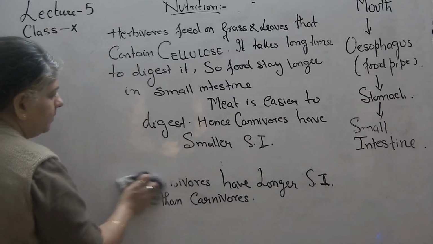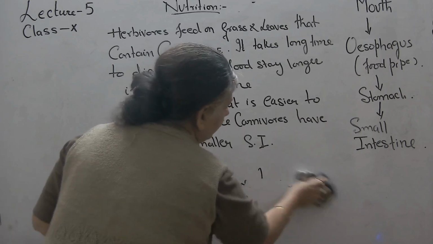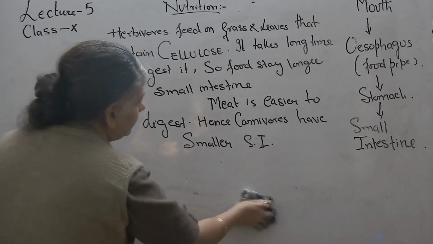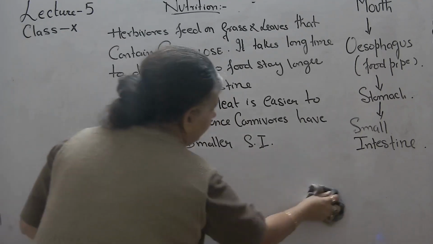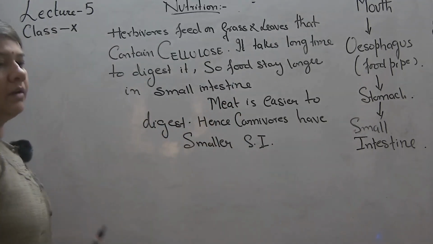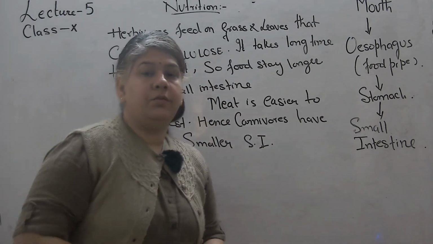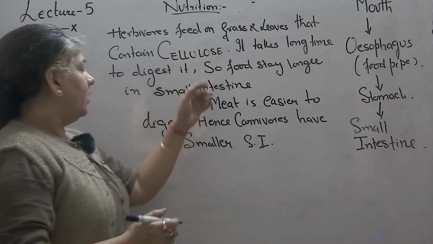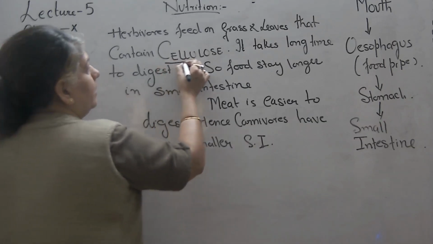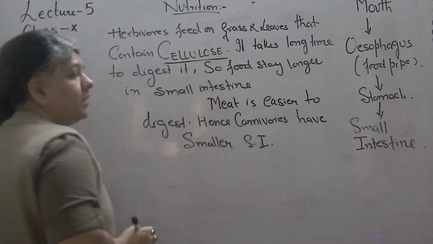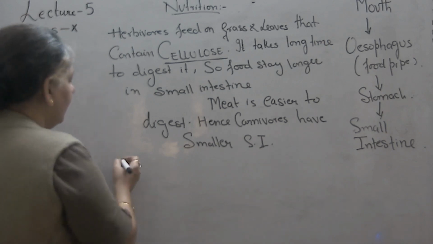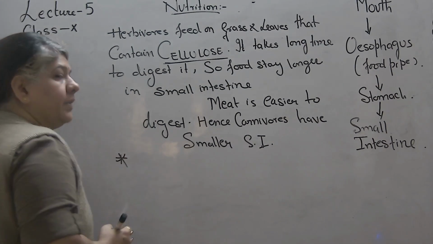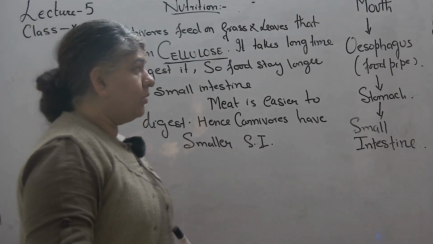Another point that you must note down is that enzyme cellulase is needed for digestion of cellulose. Cellulose is present in plant cell walls, and animals do not have this enzyme cellulase.